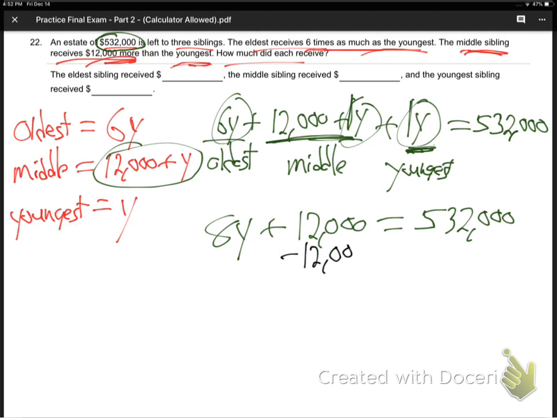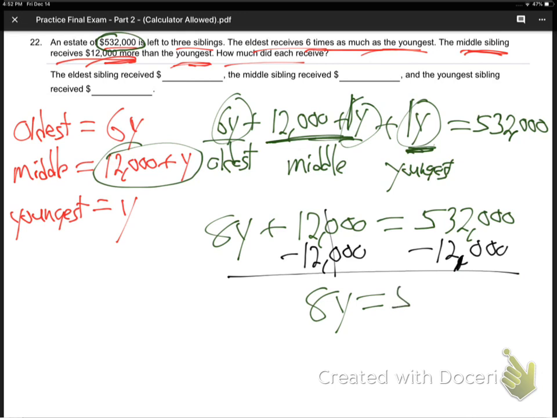Subtract the 12,000 from both sides. 8y equals, what is that? 520,000.